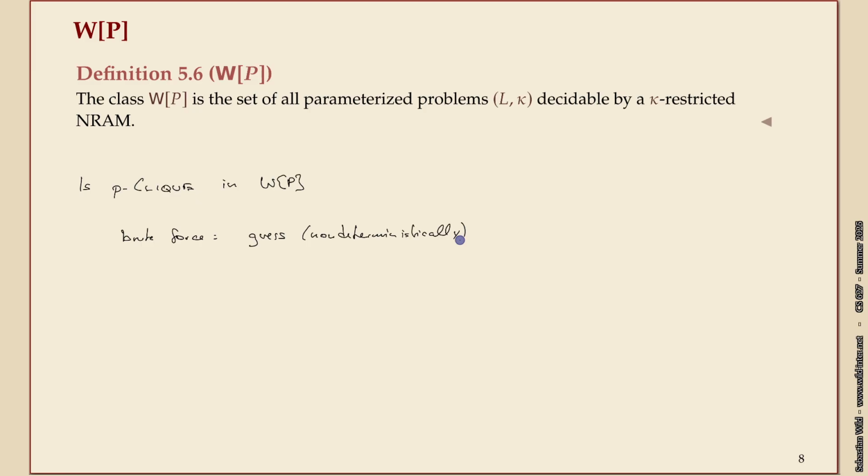And what do we guess in the clique problem? Well, k vertices. A subset of size k. How many non-deterministic steps do we need for that? Exactly k, because we have numbers between, say, 0 and n minus 1.